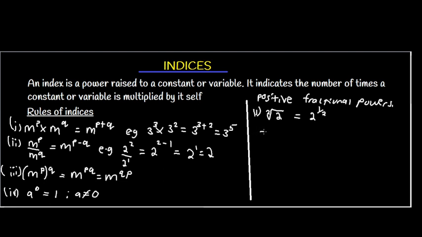It will be the same case if you have a cube root of any given number, say a, so this is also equivalent to a to power a third, like that. And then we can also have a look at negative indices.